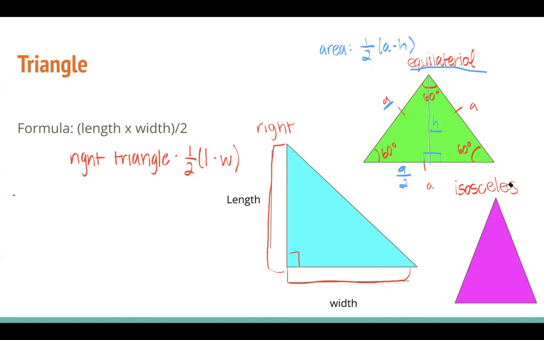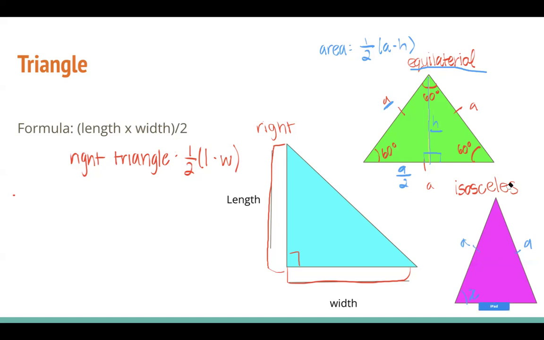And then the last one we'll go over is the isosceles triangle, which is where two of the side lengths equal each other, but the third one is not equal. So let's say we have this one as A, then this one would be A. And because their side lengths are equal, these angles over here are also equal.